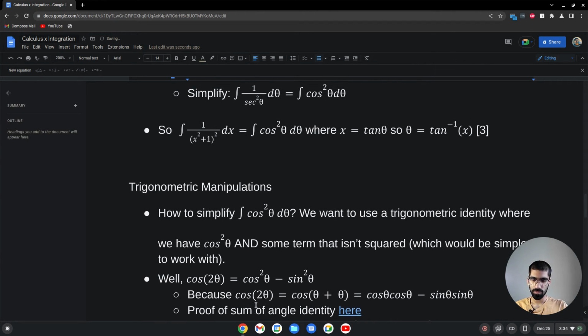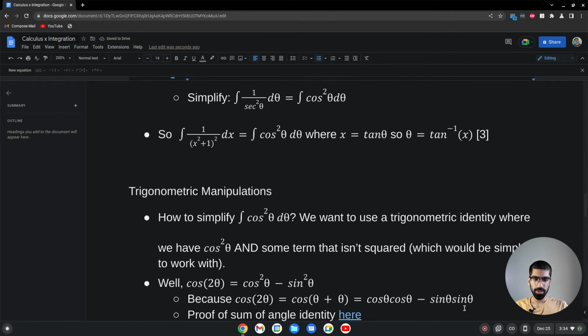There we are. Anyways, I'm going to carry on here, because we have our identity, and we derived it, in air quotes, from the sum of angles identity.